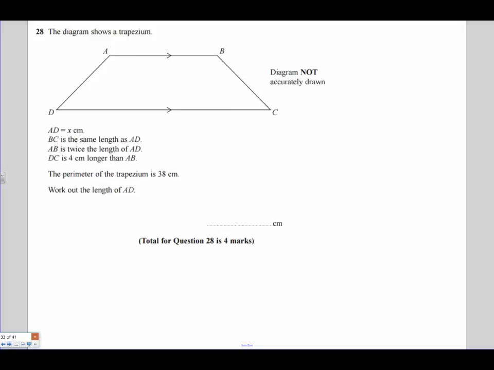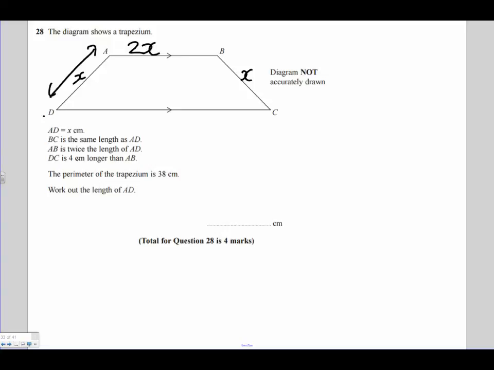Question 28 shows a trapezium. The length of A to D is x centimeters. B to C is the same, so this is x centimeters. A to B is twice the distance of A to D, so twice the distance means 2 lots of x, 2x.